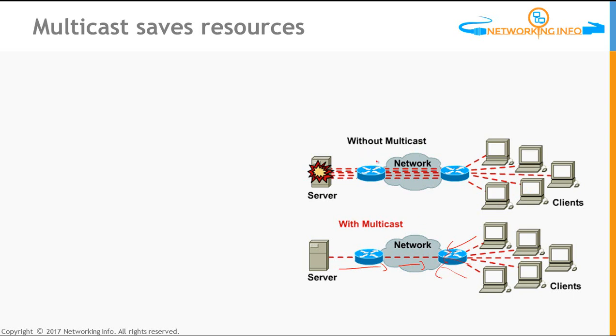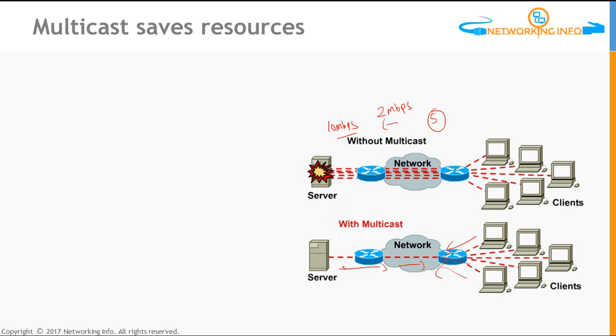If the bandwidth of my link is 10 Mbps and one user consumes 2 Mbps, then I can have hardly 5 streams. If I increase, then of course the performance will be slow, the network bandwidth will be utilized 100%, and the traffic flow will be slow.